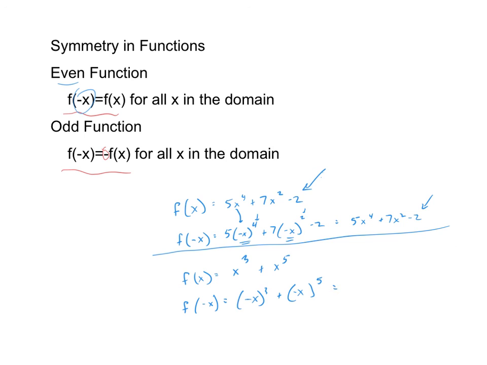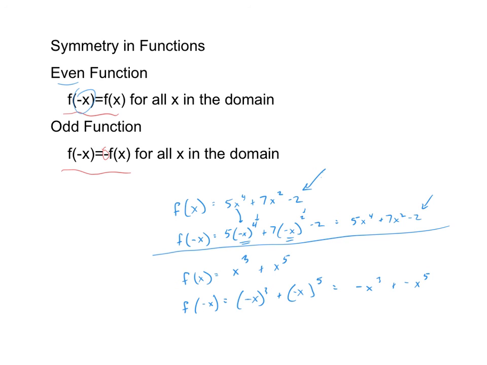Well, what happens when you cube a negative number, or when you multiply a negative number by itself 5 times over, right? That answer is negative in both cases. So this is negative x cubed plus negative x to the fifth. I'm basically pulling that negative out of the parentheses because that's what happens when the exponent is odd.